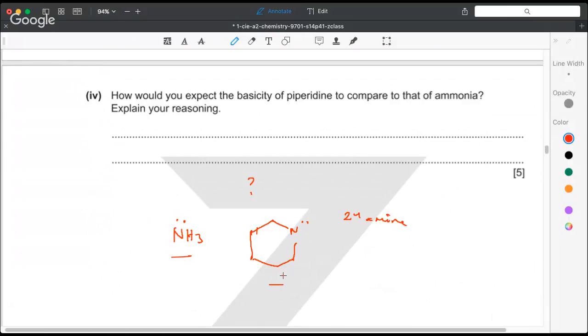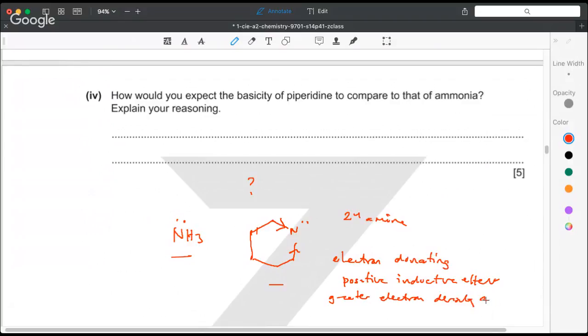And what you need to spot is that because these are all CH2 groups going around here, or CH3 groups, then you've got what's called electron donating, or a better word for that is a positive inductive effect, which means you have greater electron density on the nitrogen.